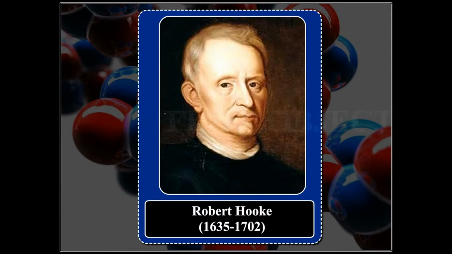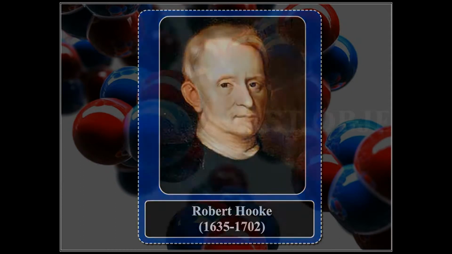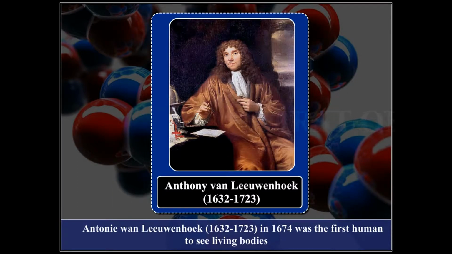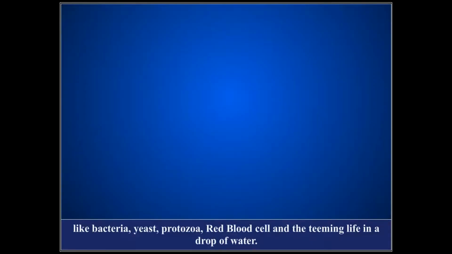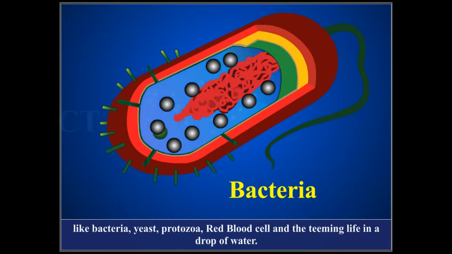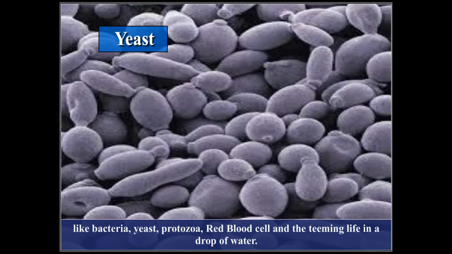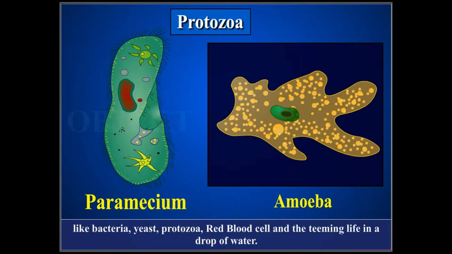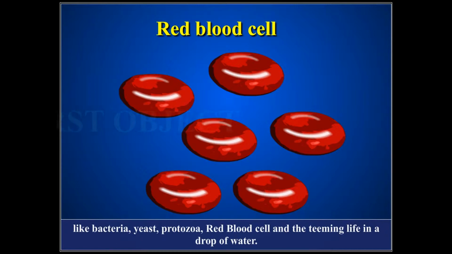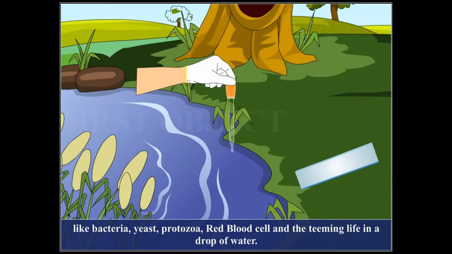Do you know Anthony van Leeuwenhoek in 1674 was the first human to see living bodies like bacteria, yeast, protozoa, red blood cell, and the teeming life in a drop of water.